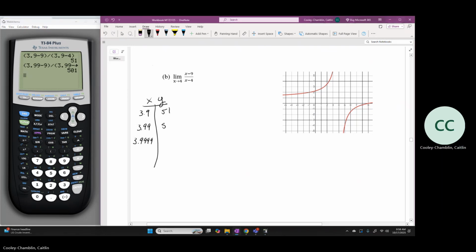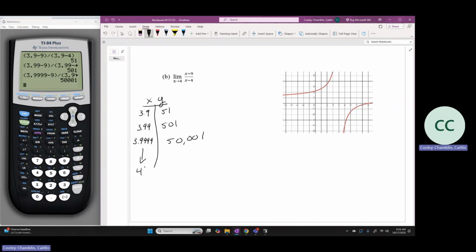I'm going to add a few more 9s in there, making sure to do this with both of the 3.9s, and we get 50,001.